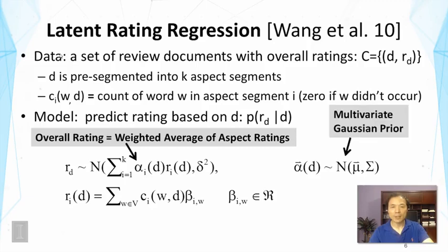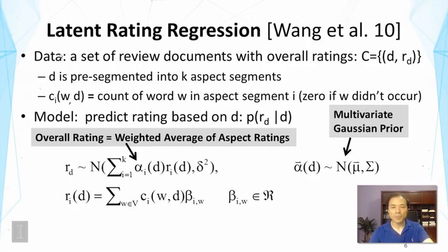Now, this alpha sub I of D, or denoted together by alpha vector that depends on D, is the document-specific weights. And we're going to assume this vector itself is drawn from another multivariate Gaussian distribution with mean denoted by a mu vector and covariance matrix sigma here.